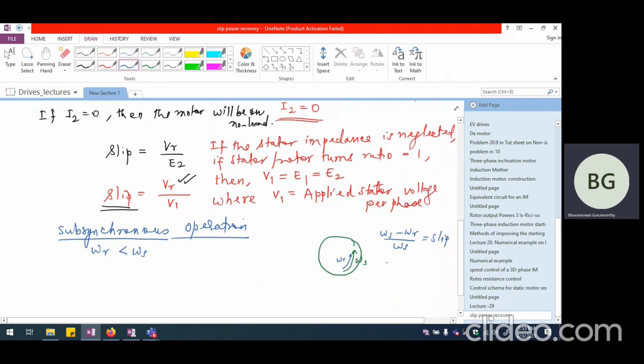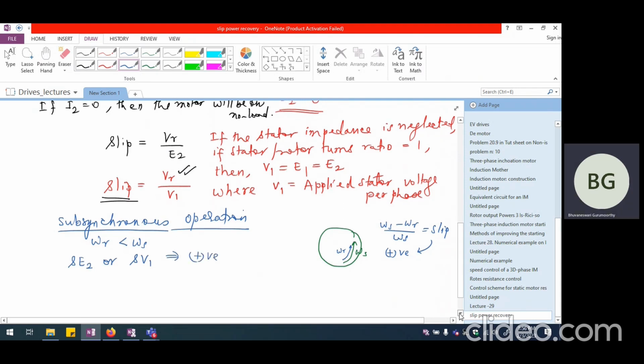So this is going to be a positive slip value, because omega r is smaller than omega s. Whereas when we talk about super synchronous operation, it will be the other way around. So I can say in general that S times E2 or S times V1 is going to be positive.